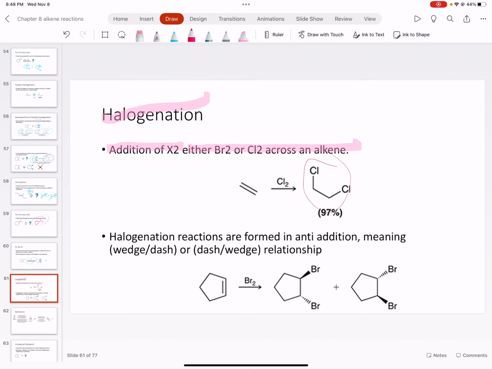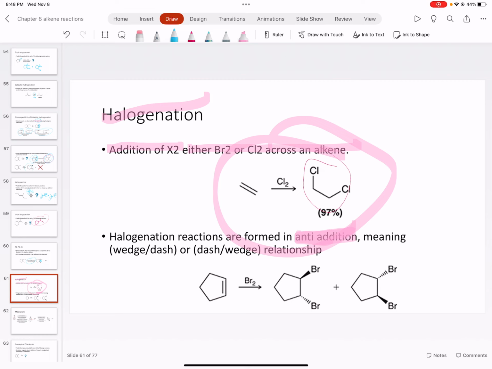Halogenation reactions are performed as an anti-addition. So we see syn addition, which is a wedge and wedge or dash and dash relationship. But in this case, we do anti-addition. So when you do your notes about halogenation, just remember to specify anti-addition, meaning that we're getting a wedge and dash or dash and wedge relationship.